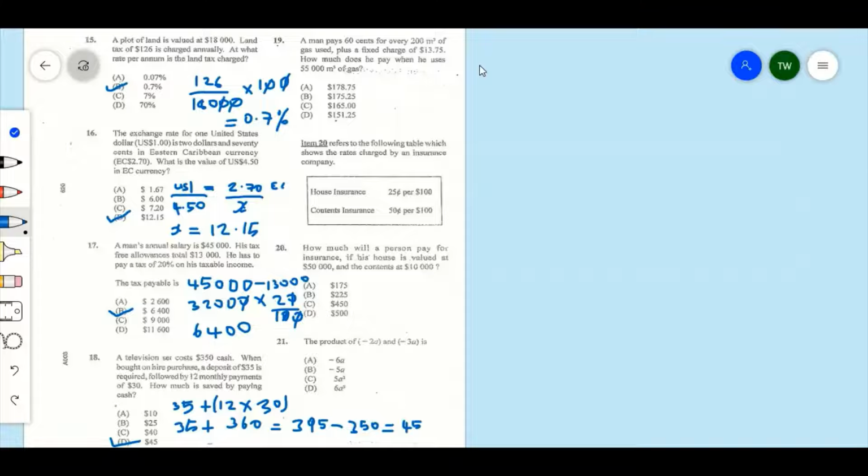Now what we're going to do is write 55,000 over here, and we are going to find out how many groups of 200 cubic meters we can get out of it.